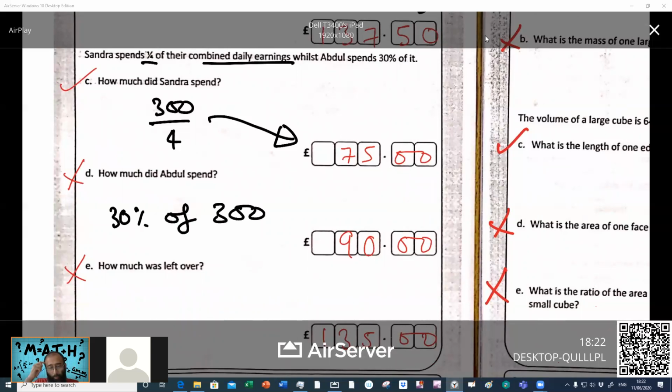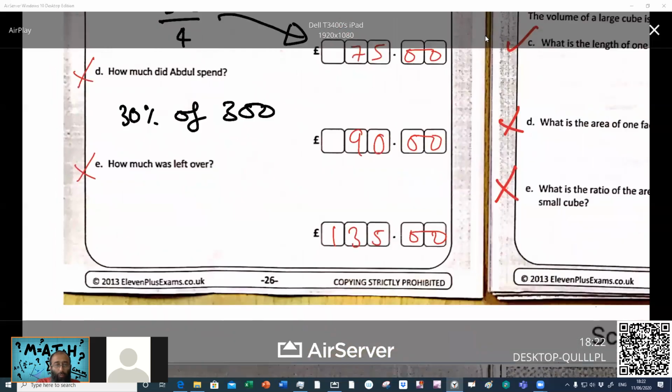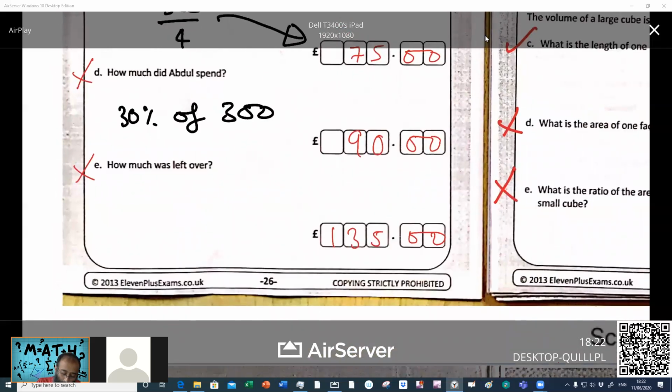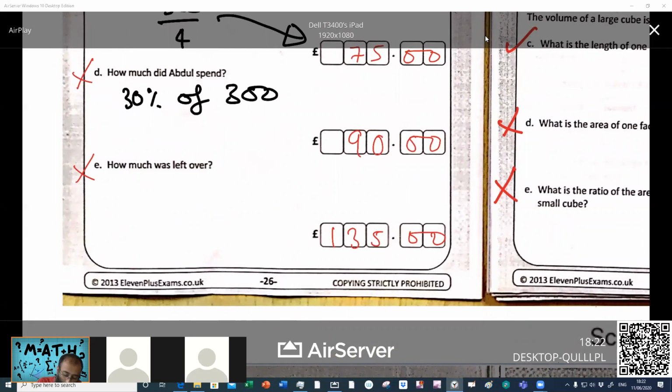Idris, put your microphone on and do this question with me now. You find 10% of 300, which is 30, then times it by 3 to make 90 quid. Fantastic. So you remembered your method properly.